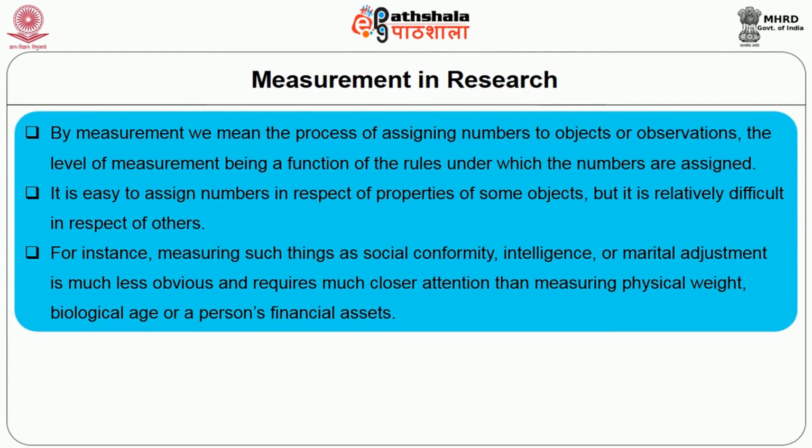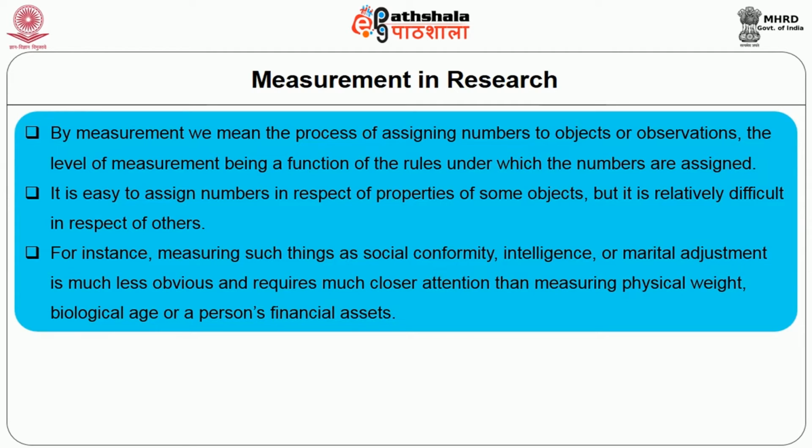By measurement, we mean the process of assigning numbers to objects or observations, the level of measurement being a function of the rules under which the numbers are assigned. It is easy to assign numbers in respect of properties of some objects, but it is relatively difficult in respect of others.